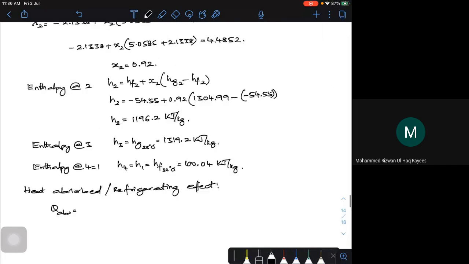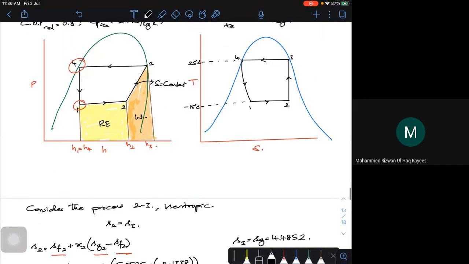If you go to this particular pH chart, H2 minus H1 is the heat absorbed. So here the heat is absorbed like this. This is my heat absorbed. This is your heat rejection. So H2 minus H1 is your heat absorbed.